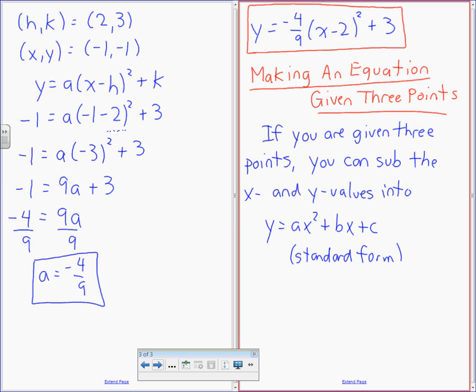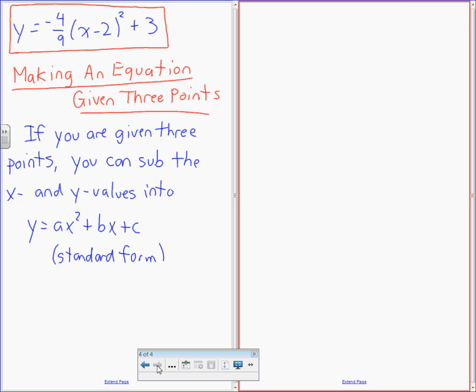Okay, and this is working quite nicely for us, so we'll sub in all our values. We'll be given 2 points, given 3 points, and we'll solve for this.